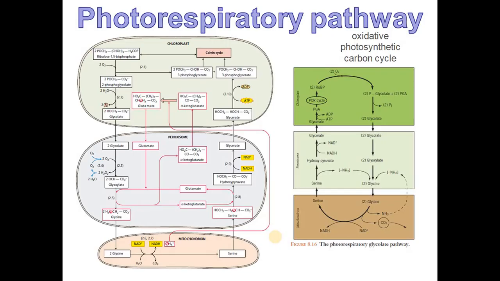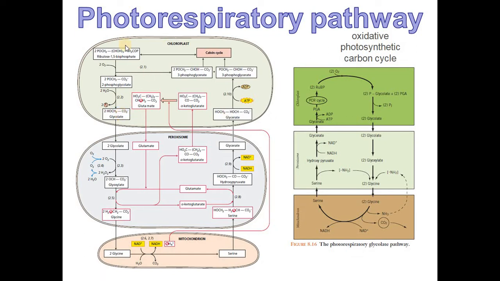Now, what we see here is another complicated biochemistry cycle. I'm trying to locate glycolate. Oh, there it is, right here. So what are we seeing here in a nutshell?